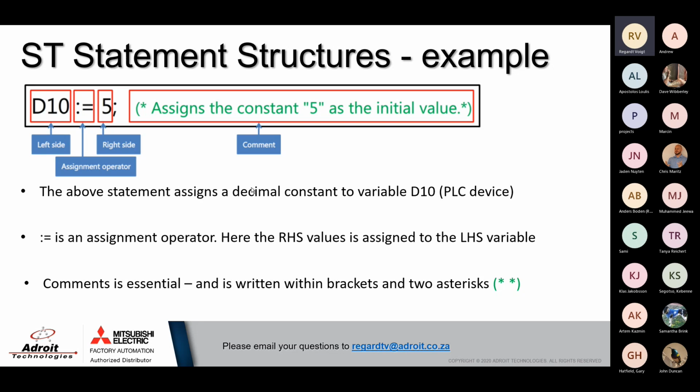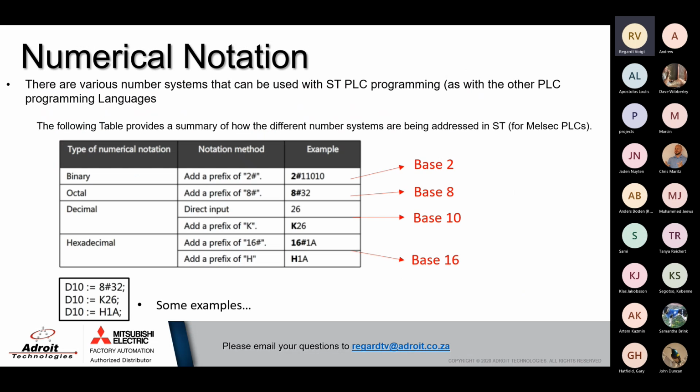Another thing is the documentation of your program, very important, known as your labels and comments and statements and notes. For structured text, you will use the brackets and asterisks to add your notes for each statement. It's quite important for troubleshooting and future expansion purposes. Okay.